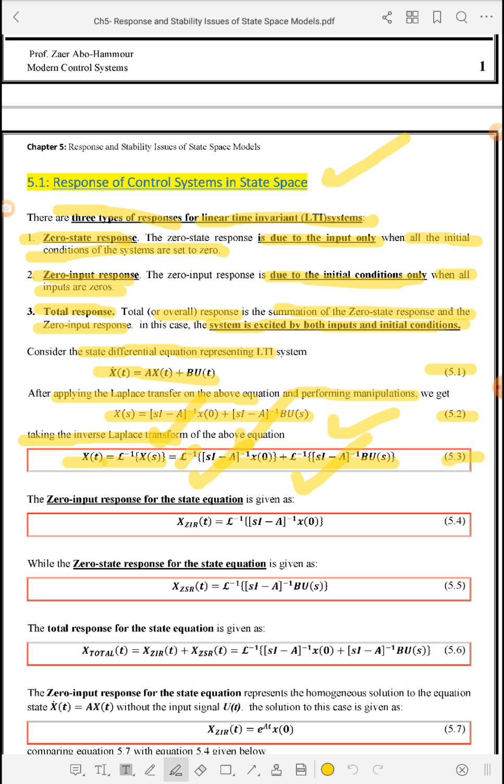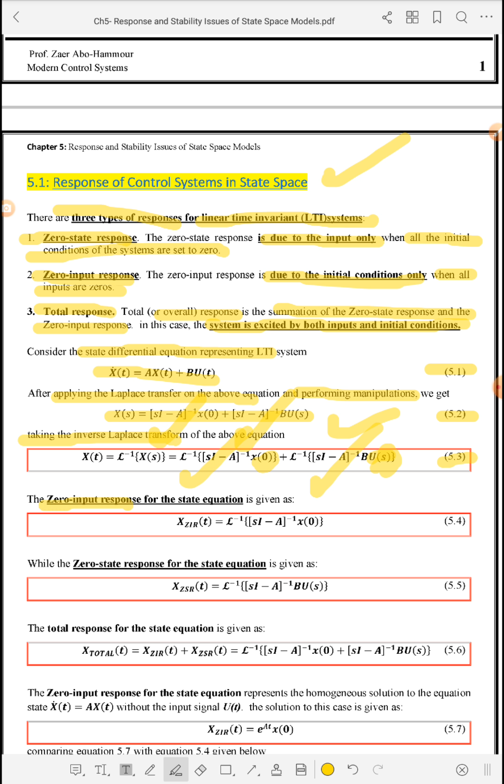If we pay attention to equation 5.3, we notice that one part contains x of 0 and the other part contains U(s). And here we will classify or split the overall response into 2 parts. This is the part that is related to the zero input response, and this is the part that is related to the zero state response.